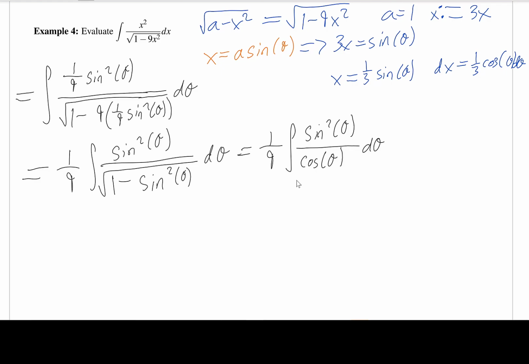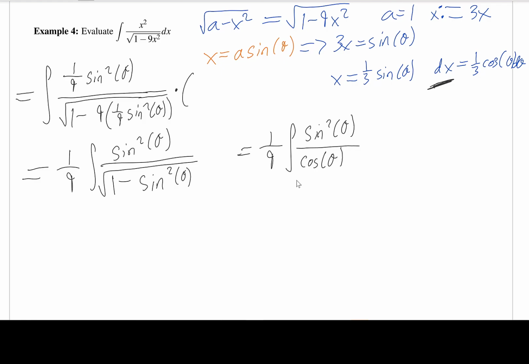Alright, now what I'm going to use is that... missing something. Oh, that's what I'm missing. This right here, this d theta, we never plugged in our dx. I, for some reason, just wanted to write d theta and be done with it. That's not how math works.